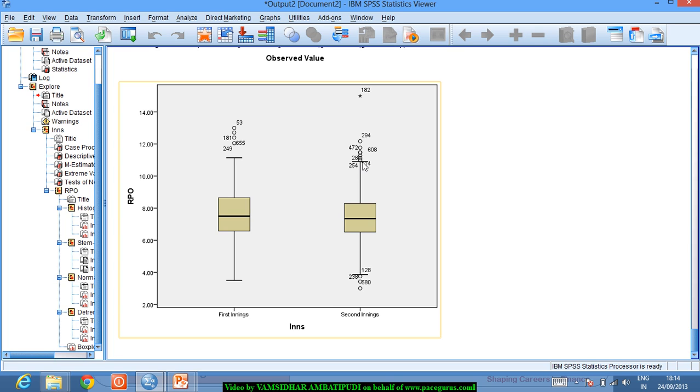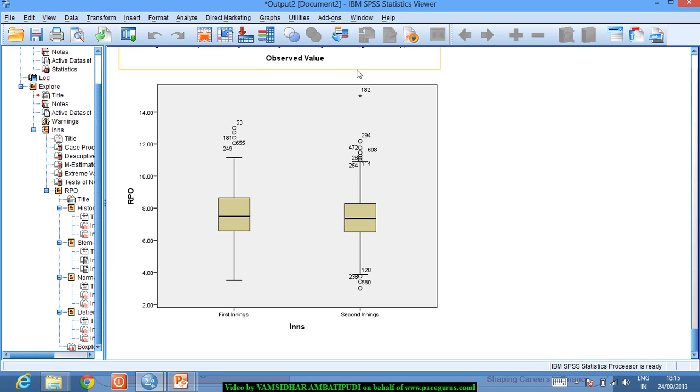In this data, we are seeing a lot of records, 181, 53, 655, 249, identified with circles, and here also there are a lot of points identified as circles, but one major point, record number 182, is identified as a star. What does that mean?